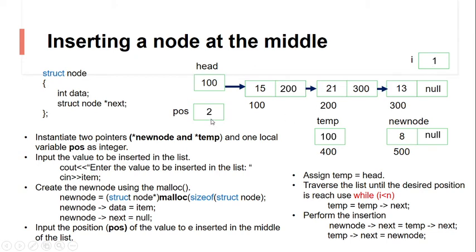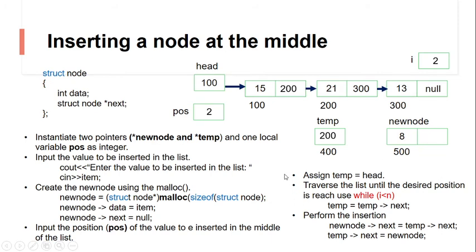Yes, of course it is less than 2, so it will perform the looping. We'll move to the next item, which becomes 200. After 200, I will also increment, which is 2. Therefore 2 is now equal to position 2. So this is where we will now be inserting the new node, which is 8.